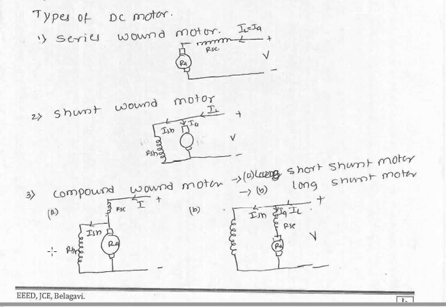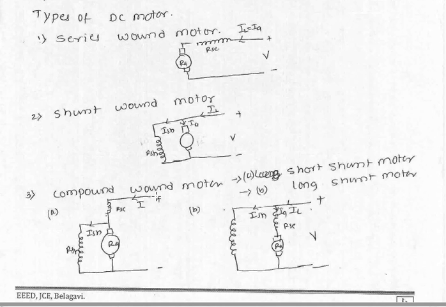In case of the short shunt motor, you can see here the field winding is split into two parts, and one part is connected in parallel with the armature winding. You can see this part is connected in parallel with the armature winding, and this combination is connected in series with the other part of the winding. So that is how we have a combination of parallel as well as series, and this whole combination is connected across the DC supply.